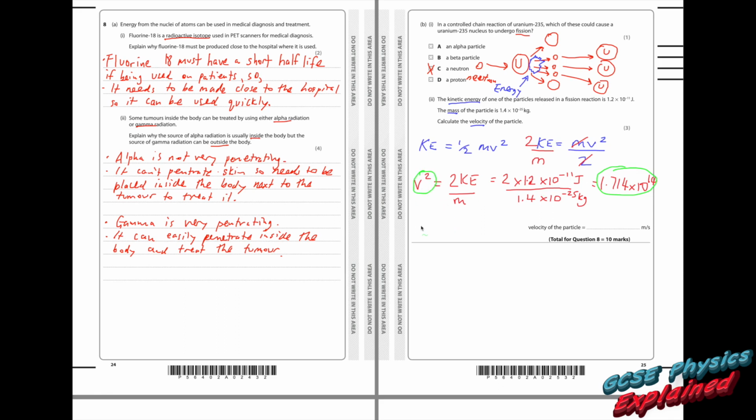So we need to square root it. And that equals 13.09 times 10 to the 6. Now if we give them the number in the way that they've given it to us, where it's just to one decimal place, that would be 1.3, and that would be times 10 to the 7.